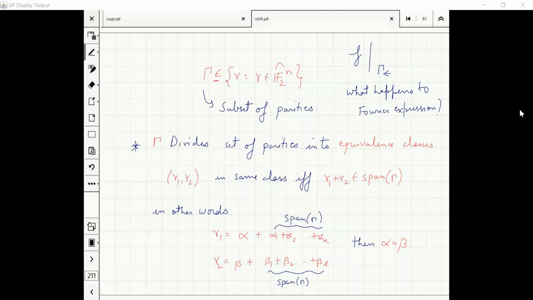So it is bunching up things which are related. If gamma had x1, x2, then parity x1 and parity x2 are related. We understand.